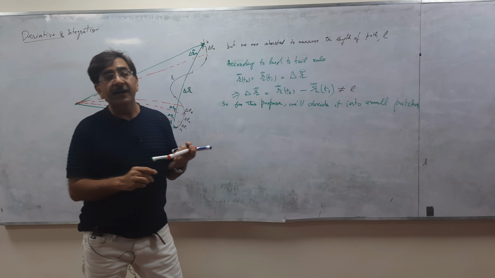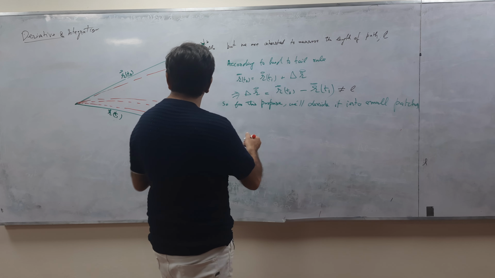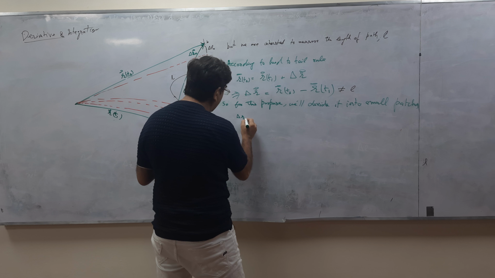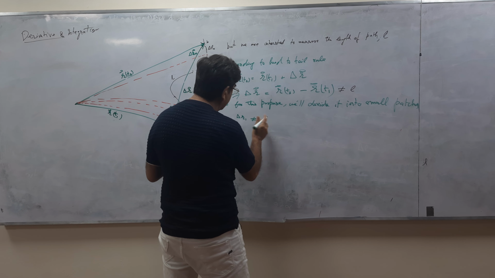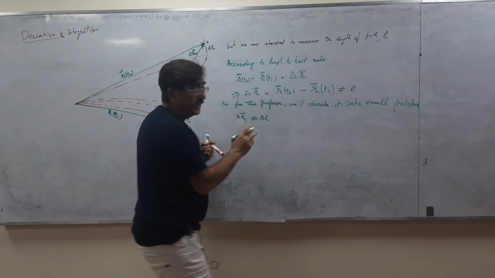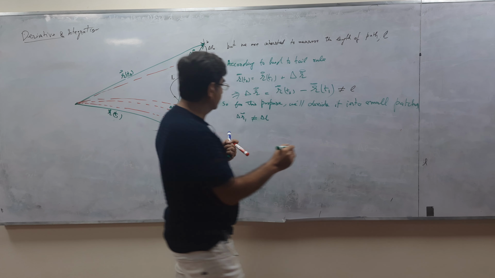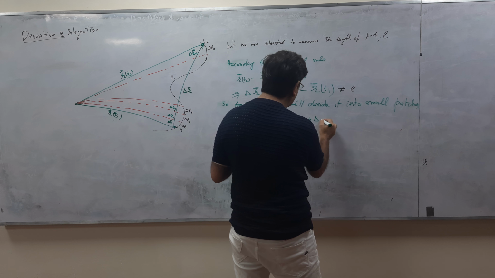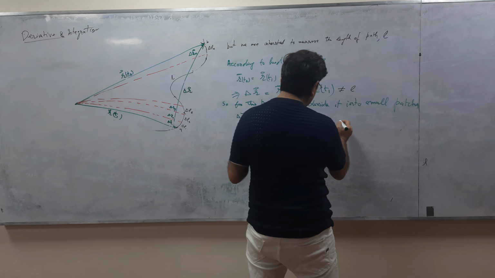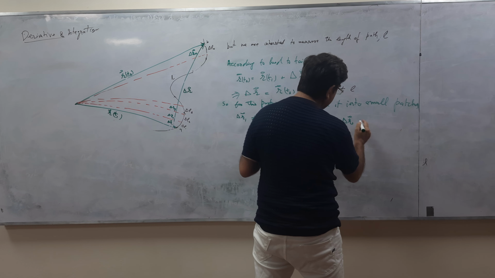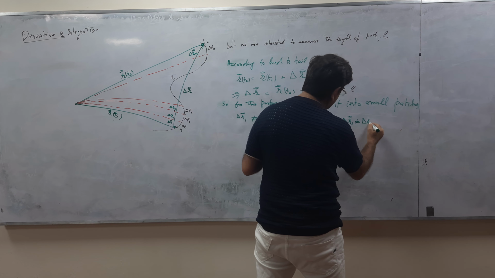Those patches will be delta R1, which will not be equal to delta L1, even though it is a vector. Delta R2 will not be equal to delta L2. Delta R3 will not be equal to delta L3, and so on.